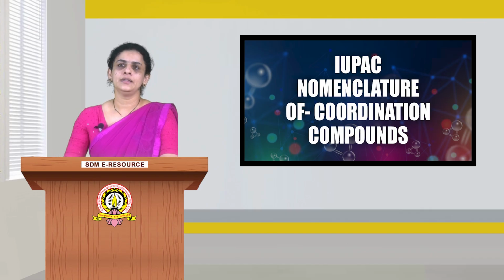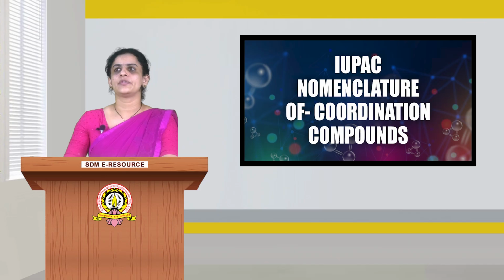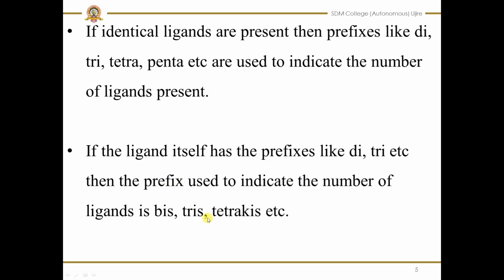If identical ligands are present, then prefixes like di, tri, tetra, penta, etc. are used to indicate the number of ligands present. Next, if the ligand itself has a prefix like di, tri, tetra, etc., then the prefixes used to indicate the number of ligands are bis, tris, tetrakis, etc.